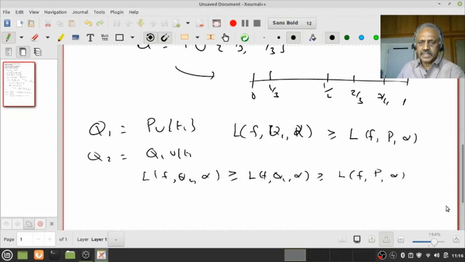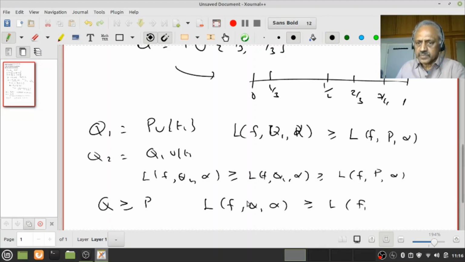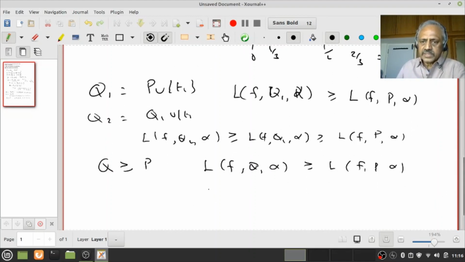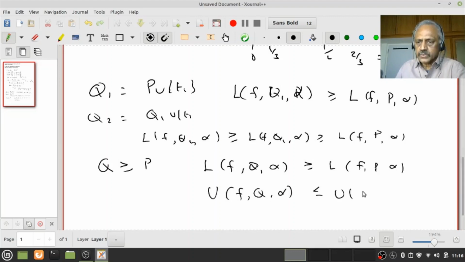Therefore, by induction, if Q is finer than P, L(f, Q, alpha) is greater than or equal to L(f, P, alpha). And the result for upper sums is U(f, Q, alpha) less than or equal to U(f, P, alpha). These are the things we ended with yesterday.